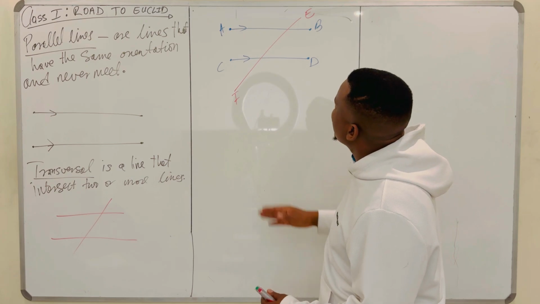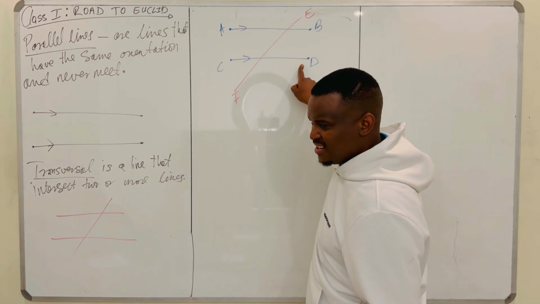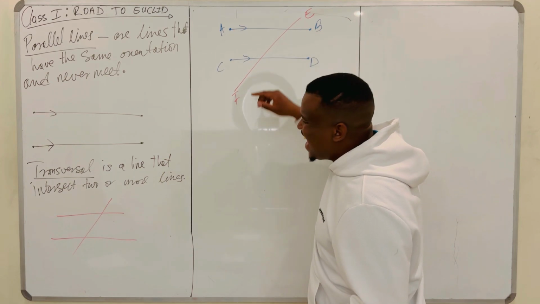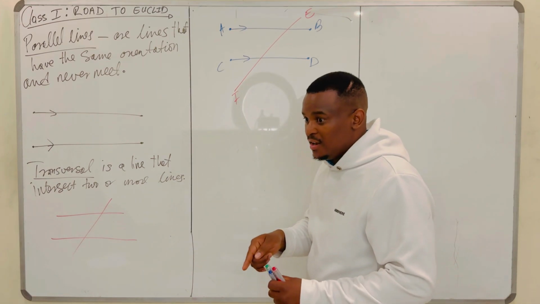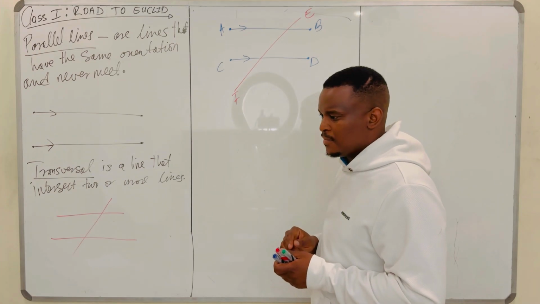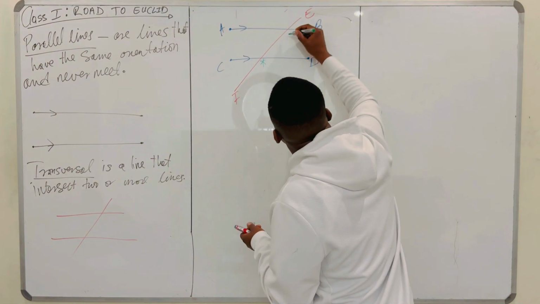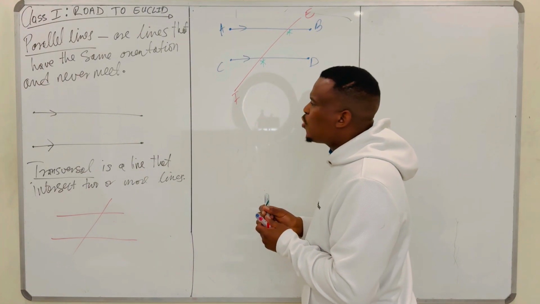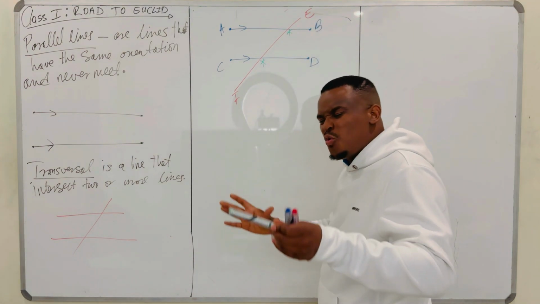So if EF intersects CD, and EF also intersects AB, the angle between the transversal and your parallel lines should be exactly the same. Which means this green angle here should be exactly the same as that one. Because it's like the red line is intersecting the blue lines in the exact same way.